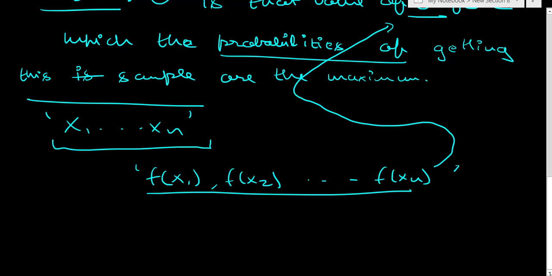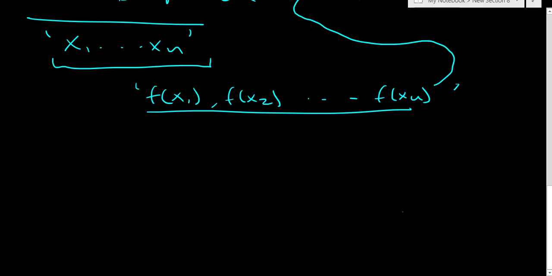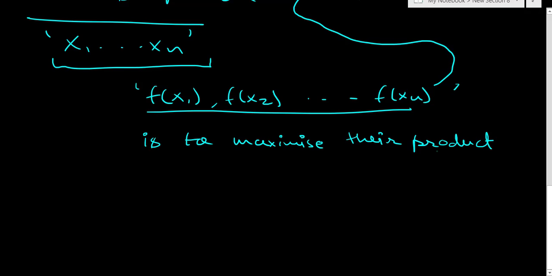Now how do we go about this? How do we maximize all these probabilities together? The best method for maximizing all these probabilities together is to maximize their product. So we multiply all these probabilities together and then maximize them.